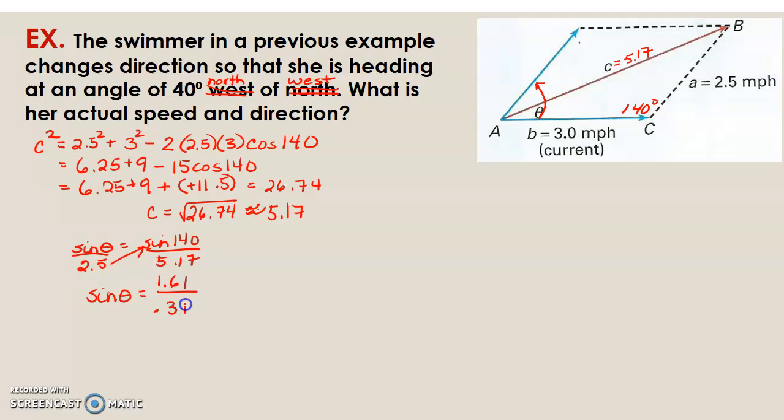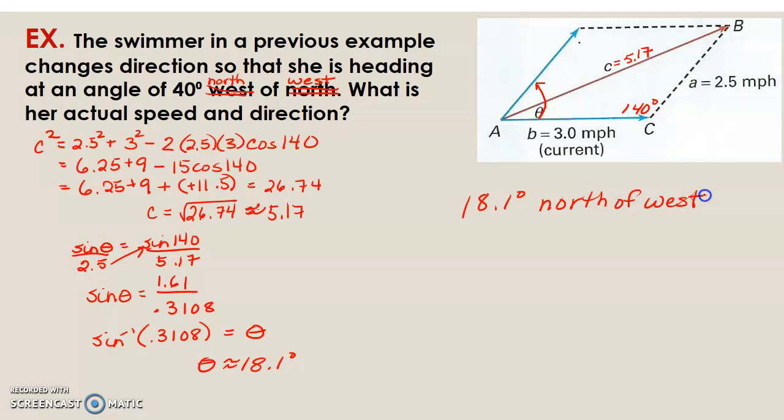So we have 0.3108. So the arc sine here of 0.3108 is my theta. So let me put that answer back in here. Means my theta is about 18.1. So what I have is my direction is 18.1 degrees. And this again is north of west. And the actual speed is about 5.17 miles per hour.